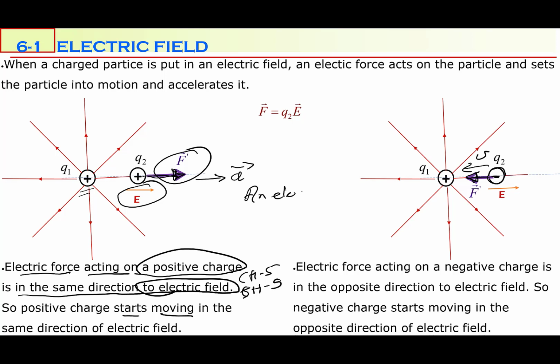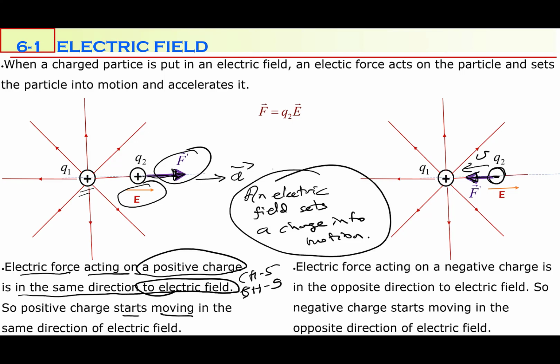And electric field sets a charge into motion. So the question, how can you set a charged particle into motion? By using an electric field. Also, we are going to talk about this in chapter 5.